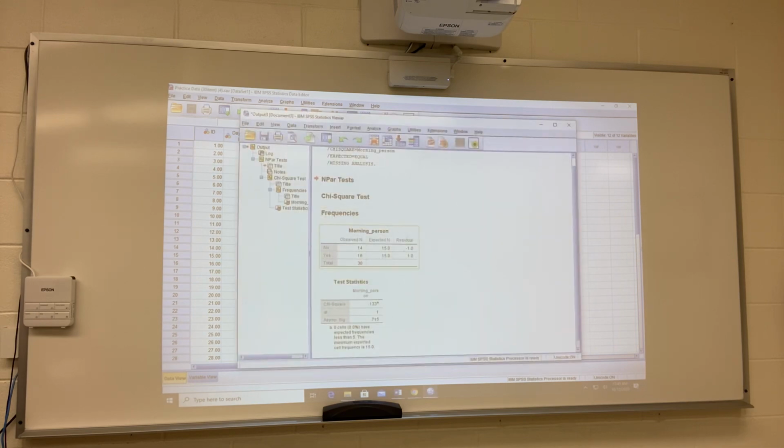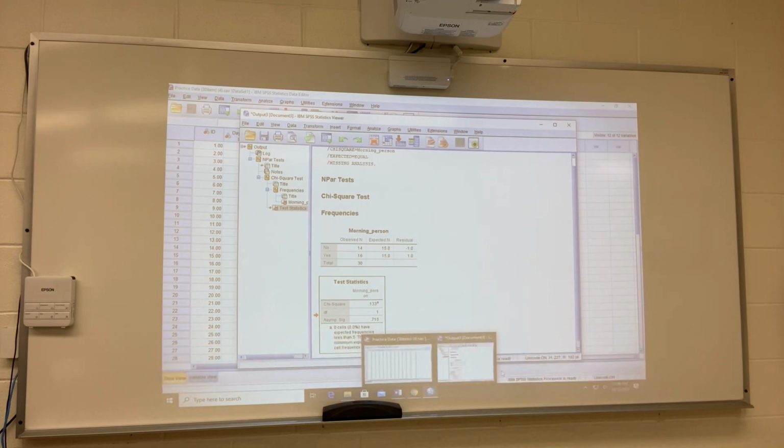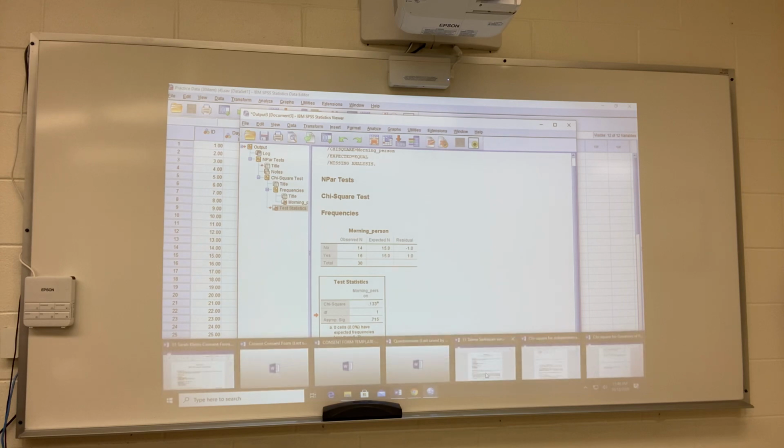Now, we don't need this table because this table didn't give you any percentage. I just need this test statistic, the one you see as chi-square. So copy this one and go to your Word document.